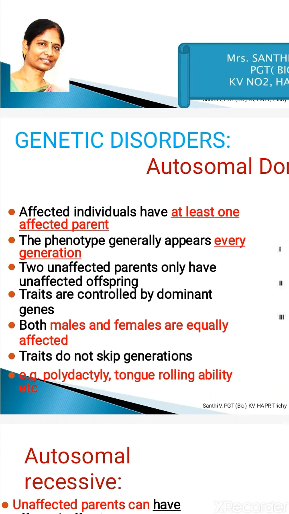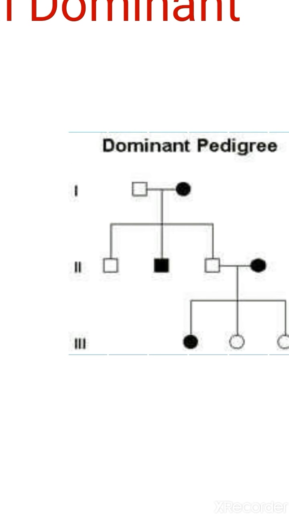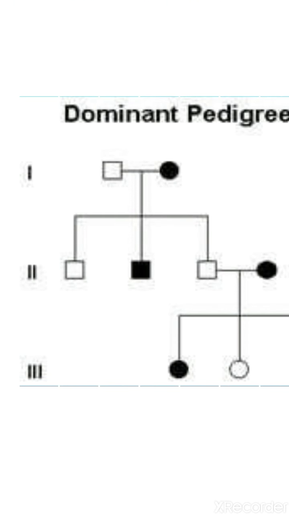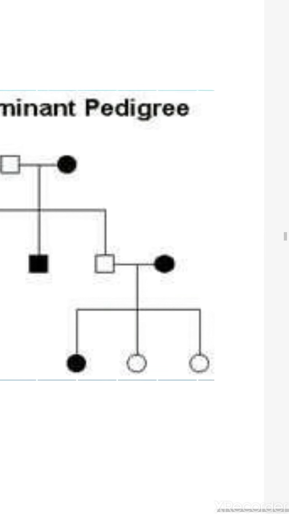In the case of autosomal dominant, when you observe the affected individuals, the first row is the parents, the second is the offspring, and the third is the grandchildren.